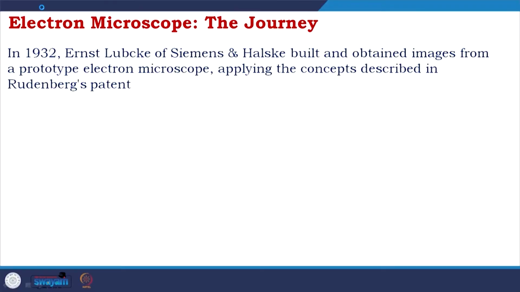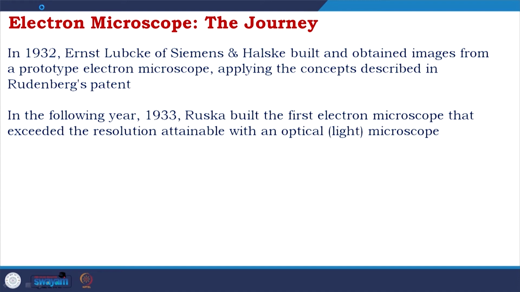In 1932, Ernst Lübcke of Siemens and Halske built and obtained images from a prototype electron microscope, applying the concept described in Rudenberg's patent. In the following year, 1933, Ruska built the first electron microscope that exceeded the resolution attainable with an optical microscope.